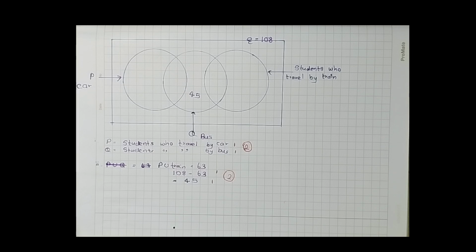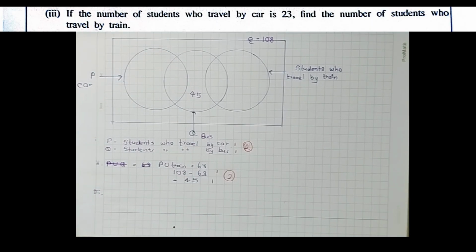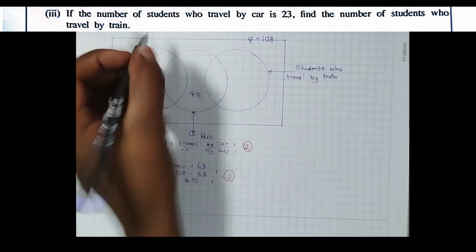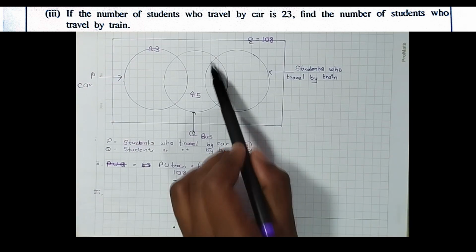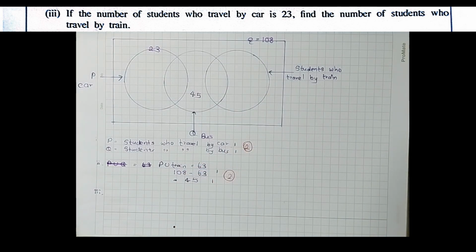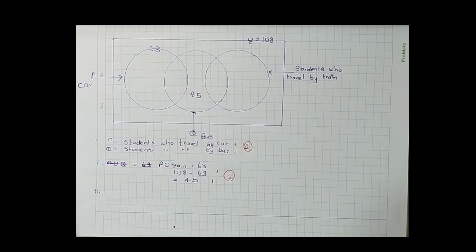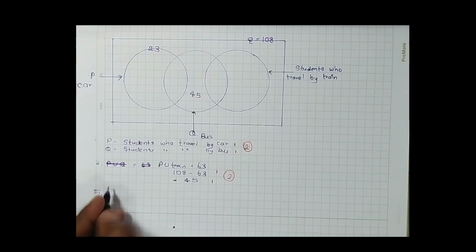For the third question, if the number of students who travel by car is 23, let's mark it here. Find the number of students who travel by train. Then you are asked to find this region, by train. Now we have an idea because in the above question the number of students who travel by car or train is equal to 63.